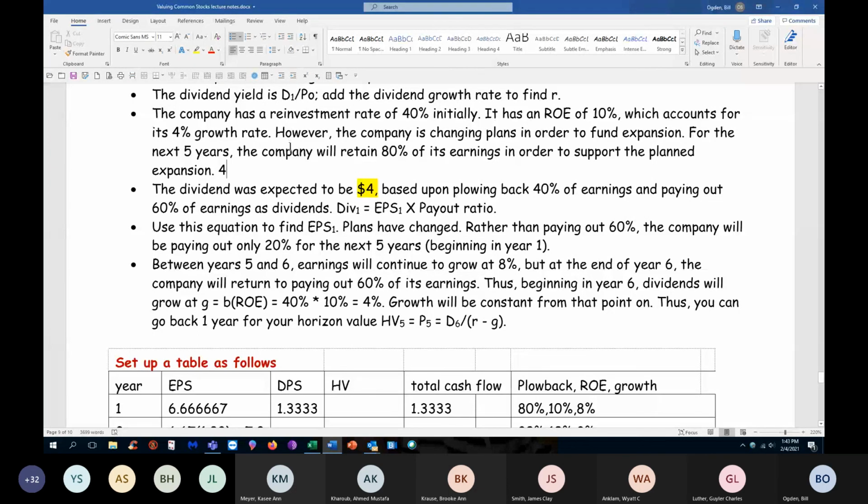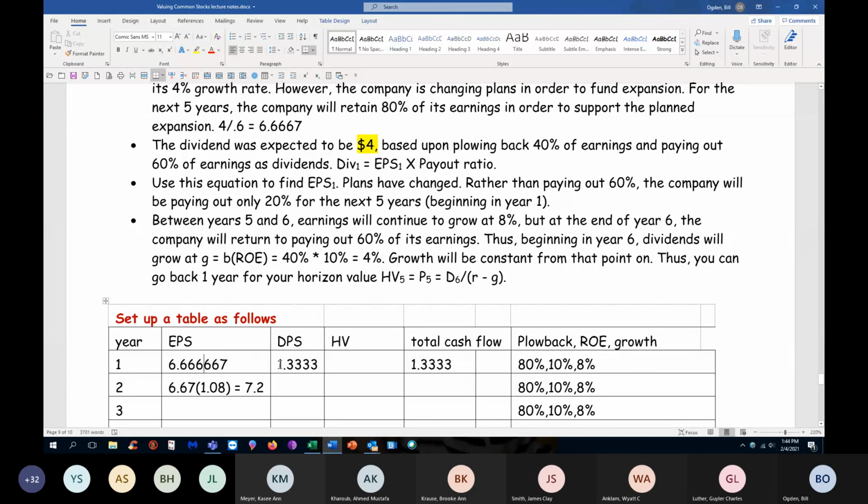So $4 is 60% of some number, right? It's a 60% payout. So if I divide that by 0.6, then you will see that their earnings per share was actually 6.6667 and so on. That's what I have right here. But now on part B, you have to work under the assumption that they pay out only 20%. Okay, and away you go.